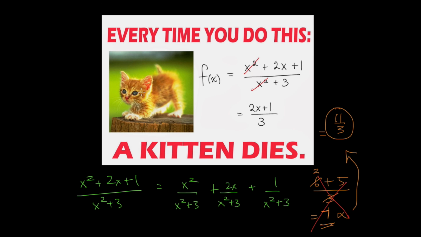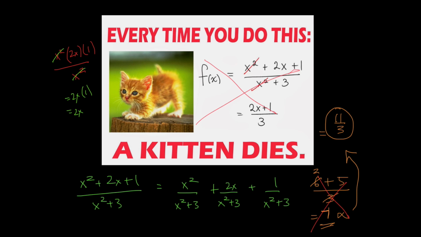So if I had x squared times 2x times 1 over x squared, then here, because it's multiplication, I can take out this, and that will leave me with 2x times 1, which is just 2x. But I can only do that if the terms are being multiplied with each other and not added or subtracted, okay? So this is wrong, something we should never do because we don't want kittens dying, right?